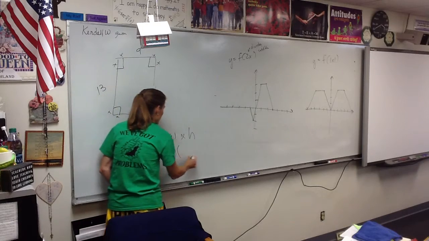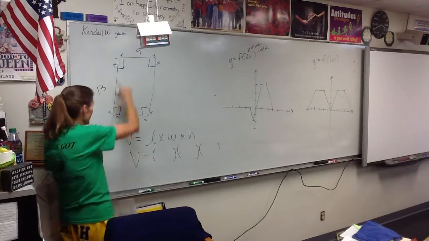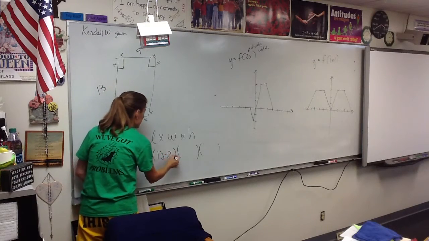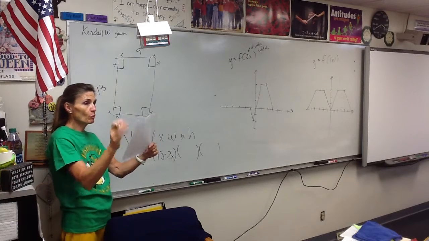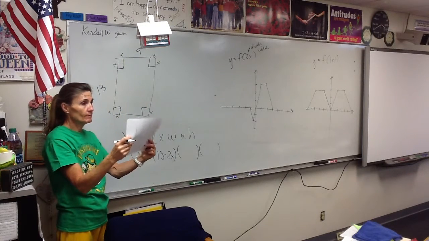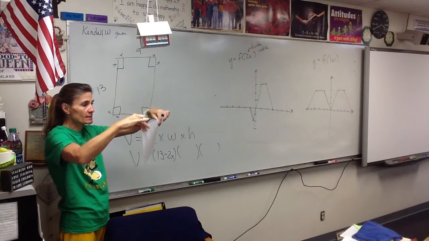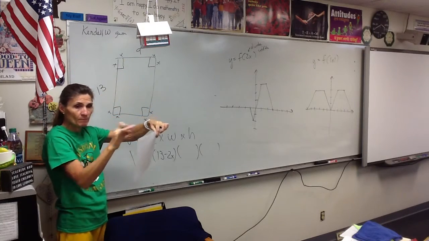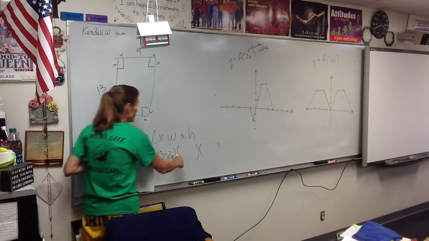Length, width, height. The length will be 13 minus 2x. Kids, you did this yesterday. If your paper was 13 long, and you took an x off this side and an x off this side, you're going to be left with 13 minus 2x. What's your width?